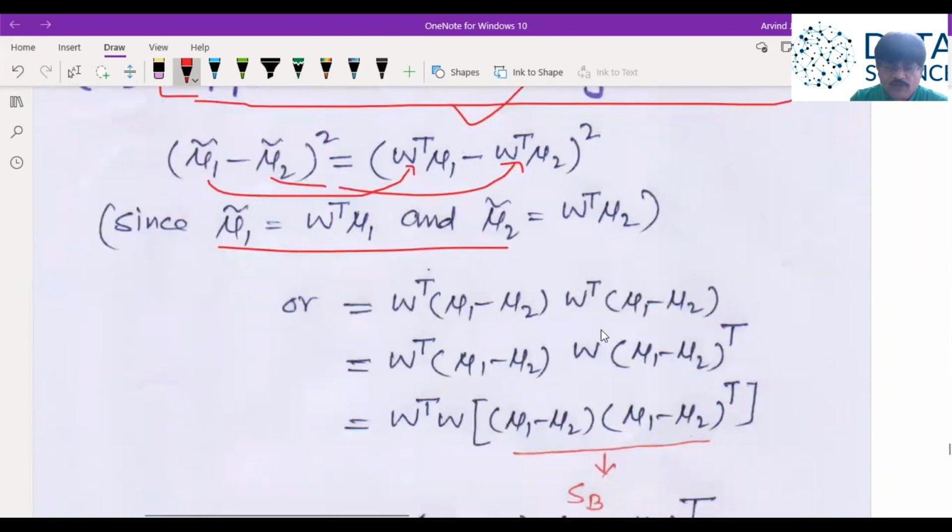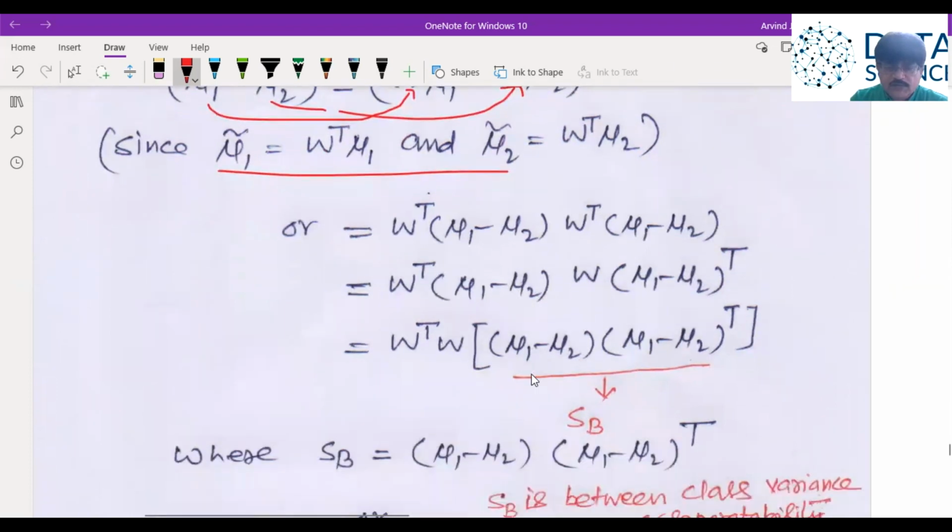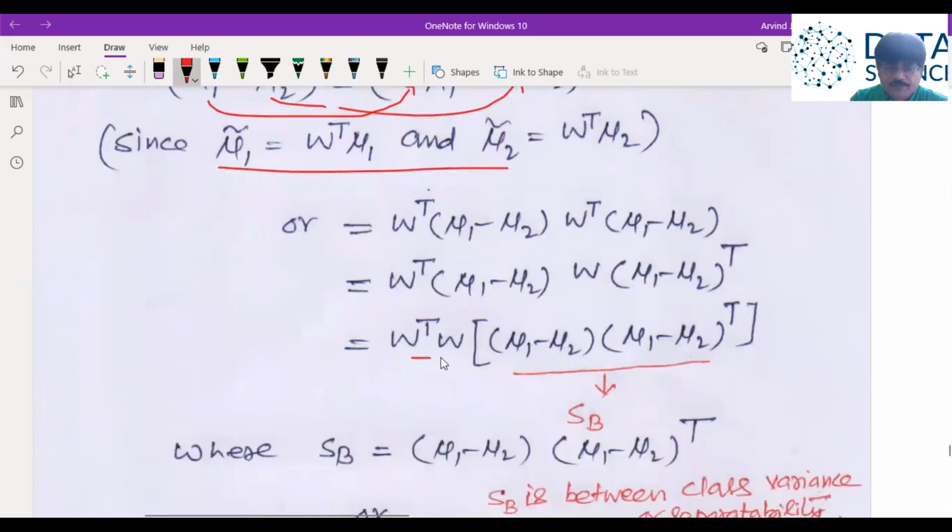So when you solve it, after calculation, you get, under bracket, (mu1 minus mu2)(mu1 minus mu2) transpose, right? The calculation is the same as I have written in detail.